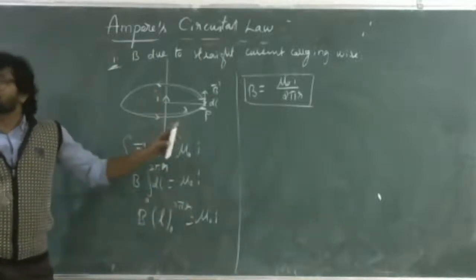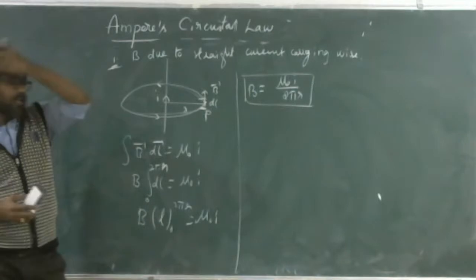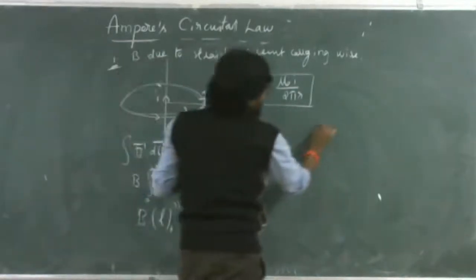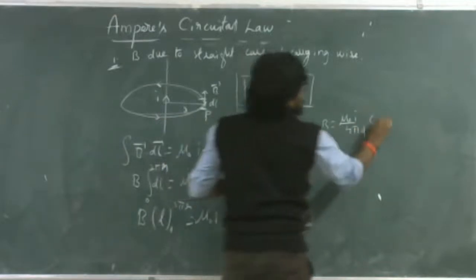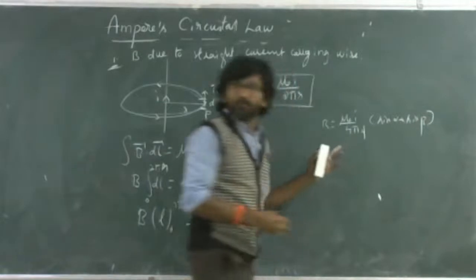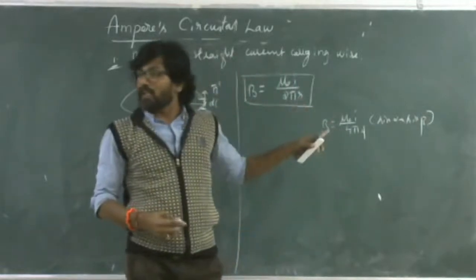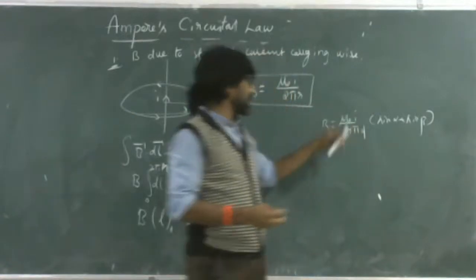Now, if you compare this with the Biot-Savart law, you get the same. In the Biot-Savart law, the general expression is B is equal to mu naught I by 4 pi d into (sin alpha plus sin beta). For an infinite conductor, alpha and beta are 90 degrees, so sin 90 plus sin 90 is 1 plus 1 is 2. So the 2 and 4 cancel partially, and you get mu naught I by 2 pi d.